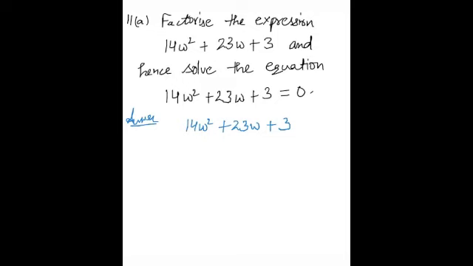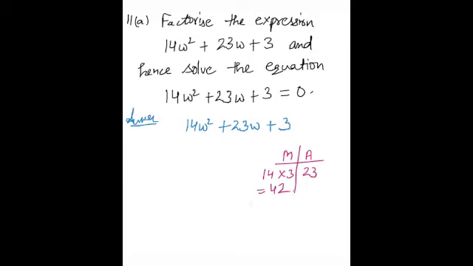How do we do that? There are two methods. The easiest method is multiply and addition. Addition value is the middle one, which is 23, and the multiply value is 14 times 3, which is equal to 42.